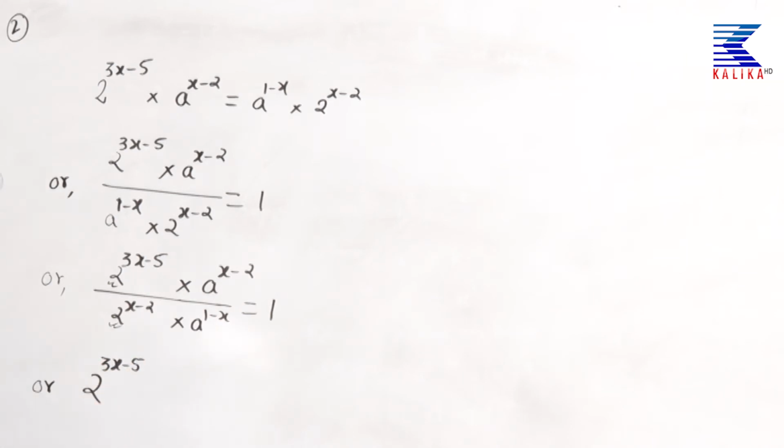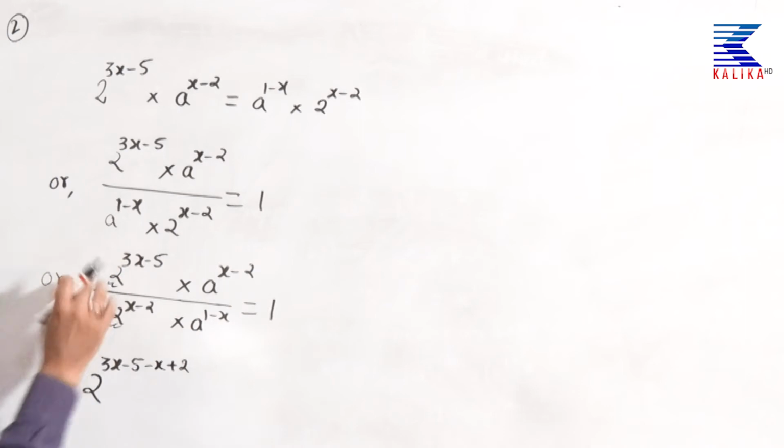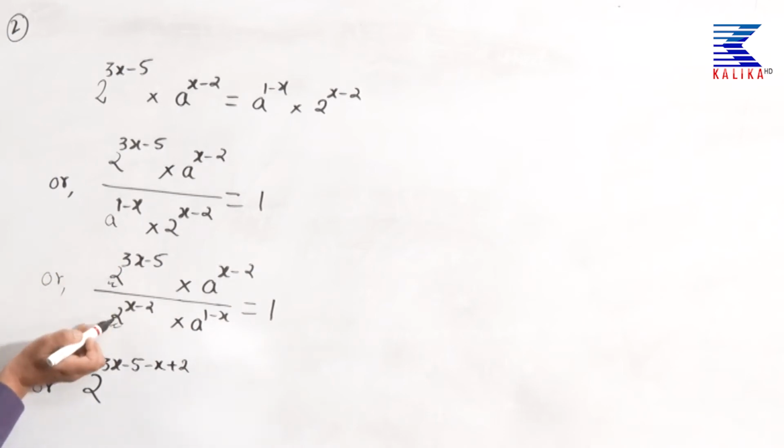We have used this concept a lot, so I am not going to repeat it. So, x goes up and it becomes minus x. Minus 2 goes up, it becomes plus 2. So, here we just operate these two terms, having base 2, having base 2.